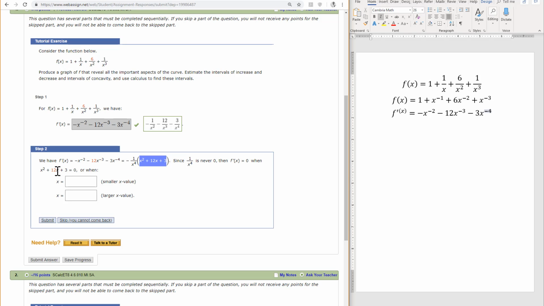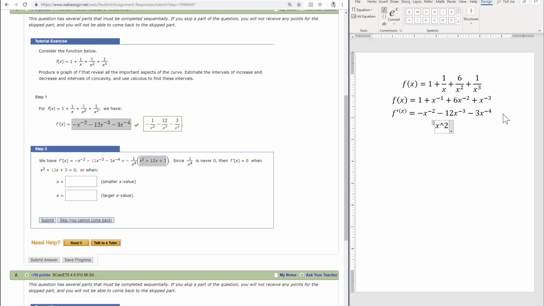So it looks like we're going to try to factor this, but I don't know if it's easily factorable. So let's write this down again. That's x squared plus 12x plus 3 equal to 0.